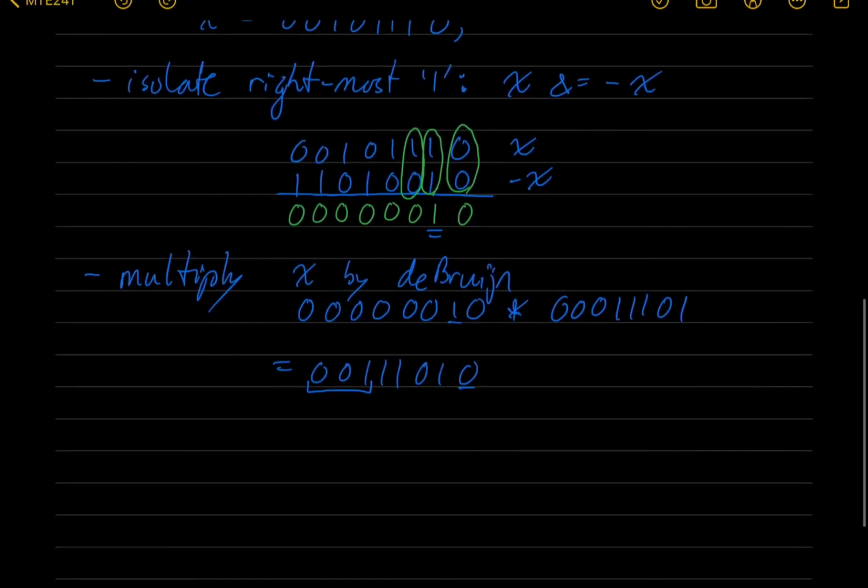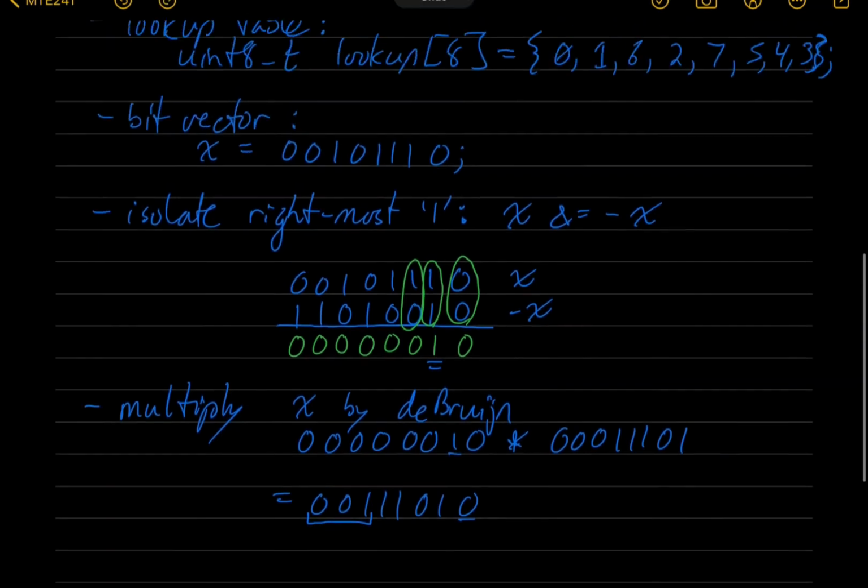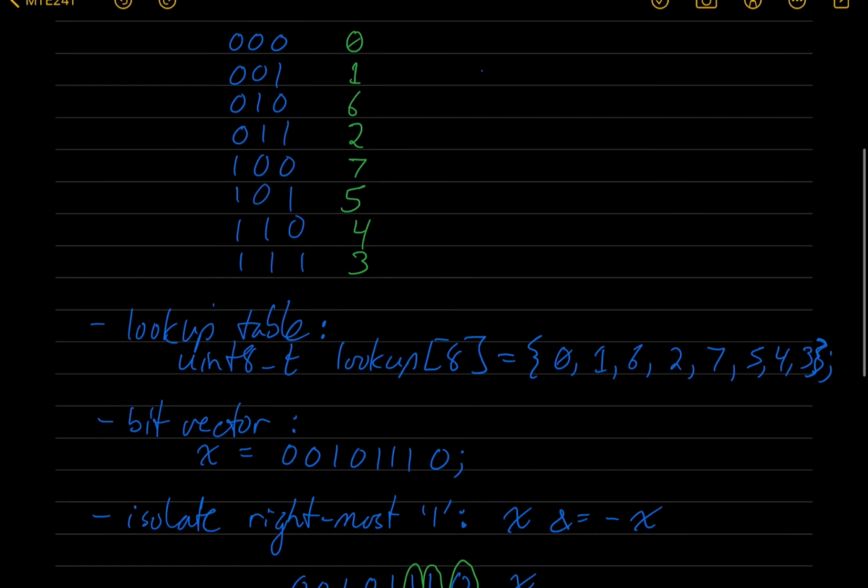If I go back to here, if instead of a 1 being set, say it had been this bit here, then our de Bruijn sequence would have been shifted over 5 positions. And if we shifted it over 5 positions, then we would have the pattern 101 in the leftmost 3 bits. So we would find this pattern here.